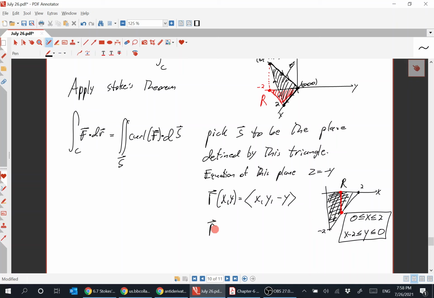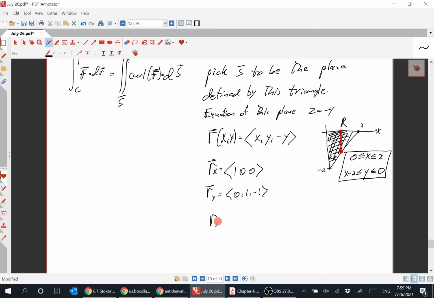Okay, so partial of r with respect to x, in this case, is (1, 0, 0). Partial of r with respect to y is (0, 1, -1). Partial of r with respect to x is in the direction of the x-axis, and with respect to y is in that direction. So we want r_x cross r_y rather than r_y cross r_x. i, j, k; 1, 0, 0; 0, 1, -1.